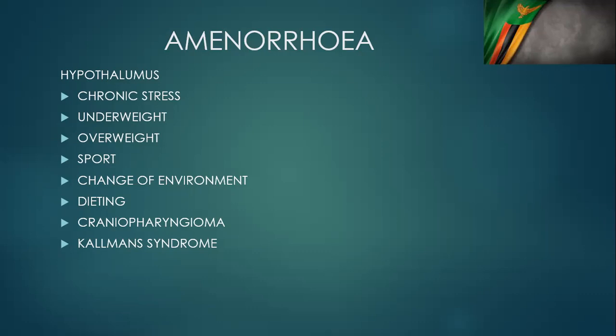Kallmann syndrome is a syndrome because, you know, the hypothalamus and the olfactory bulbs develop from the same place embryologically. So when there's a problem with the hypothalamus, usually there'll be a problem with the olfactory bulb development, and a girl will develop with no sense of smell, but they also have an underdeveloped hypothalamus.